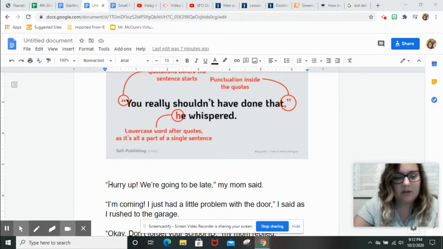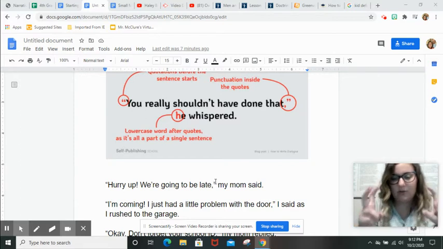And that first letter should always be capitalized if it is the beginning of a quotation. You should also have a quotation at the end of what your character is saying. So it is important to have quotation marks at the beginning and at the end. That tells us exactly what our character is saying.